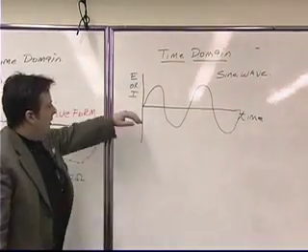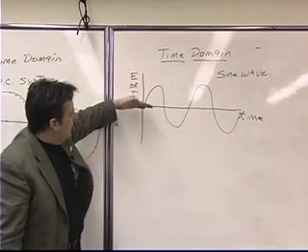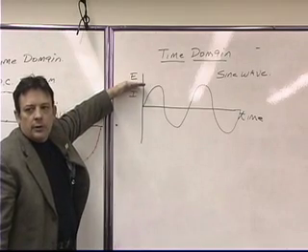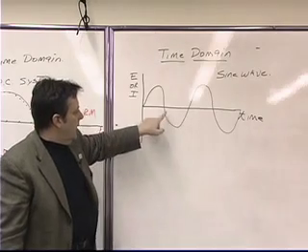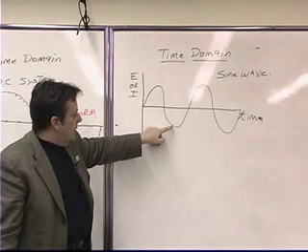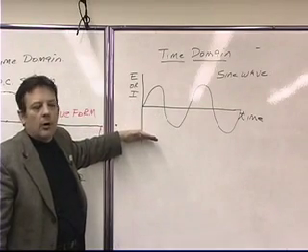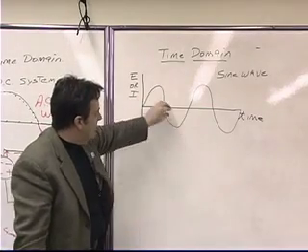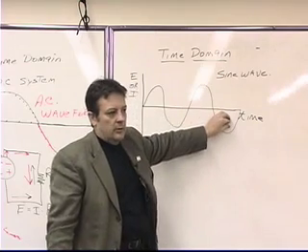Every time that you're on the line and the line is above 0, you're in a positive half cycle. Every time that you're on the line and the line is below 0, you're on a negative half cycle. So we have positive half cycle, negative half cycle. Positive half cycle, negative half cycle.